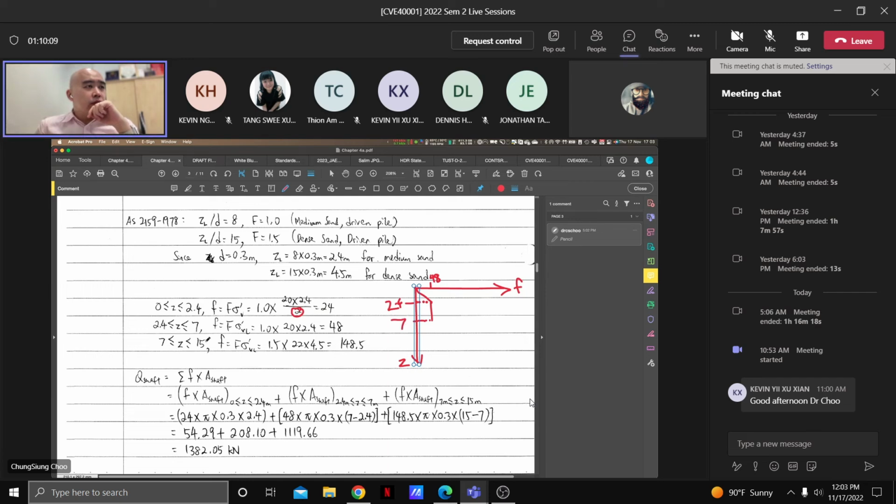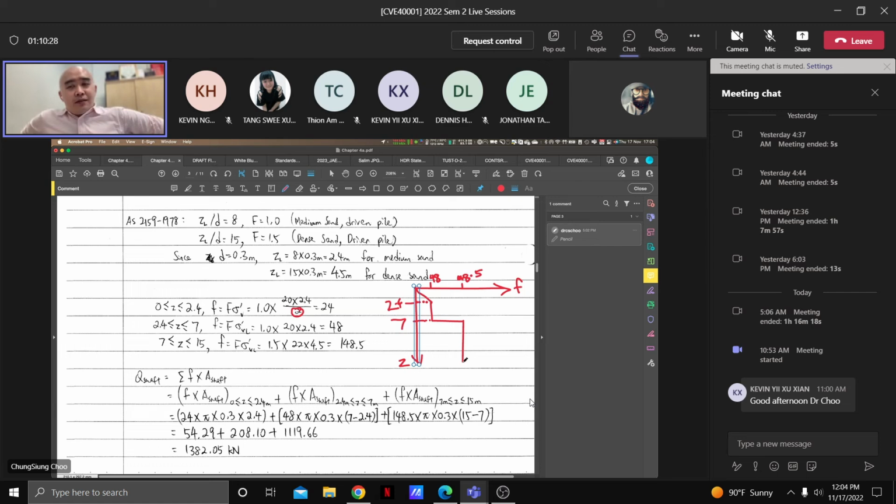Then when it gets beyond 7 meters, it will jump up to 148.5. Then after that, it stays like that.